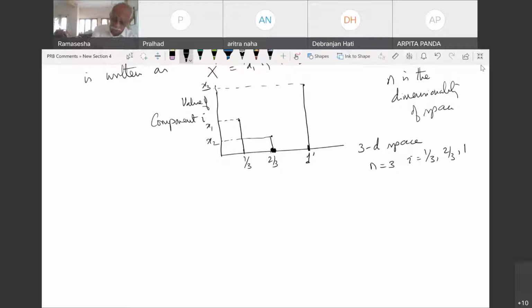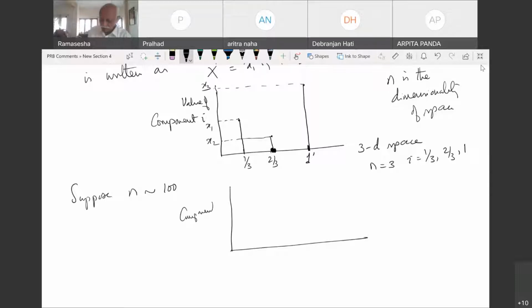Now, suppose n is something like 100. Then I have a component here, index component of I divided by n, which starts with 1 by 100 or 2 by 100, and so on, 99 by 100, and so forth.